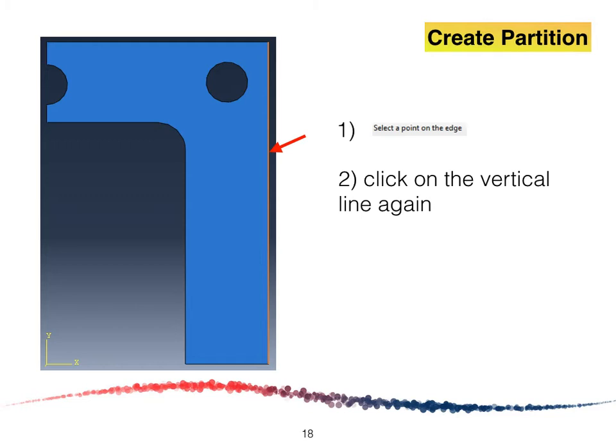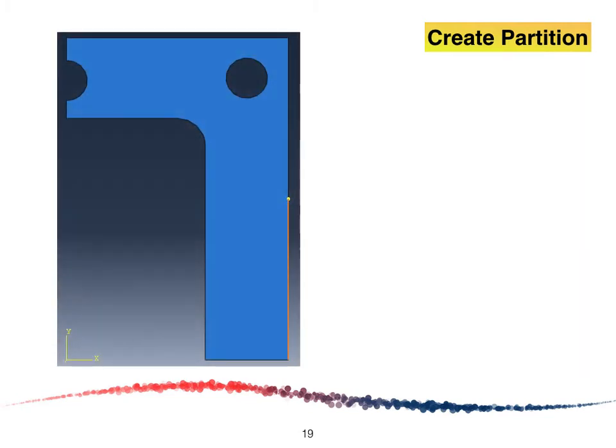Then we click on the vertical line again, and next click on Create Partition. After we create the partition, you will realize the vertical line is split into two different sections, whereas the red yellow dot will be the midpoint of the vertical line.